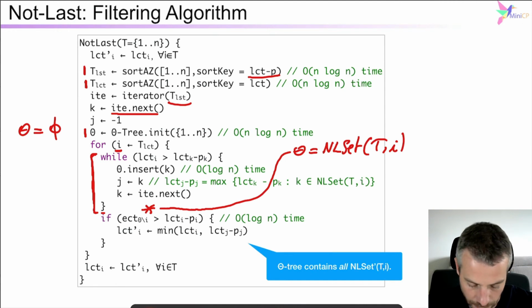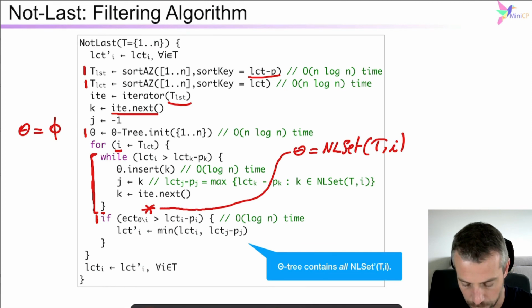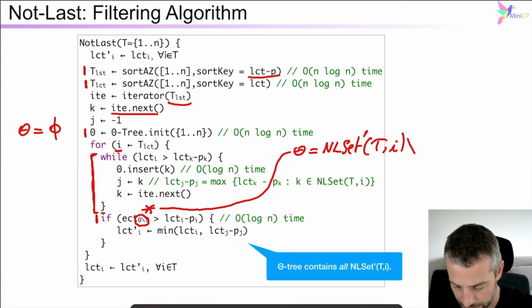Once it's done, we check that for the not-last rule, the premise is true, that we can trigger the filtering. And so we need to verify that the activity I cannot be placed last in the not-last set. And this is what we do. Of course, because we use the not-last set prime, we must also remove the activity I from the earliest completion time. So we remove the activity I itself.